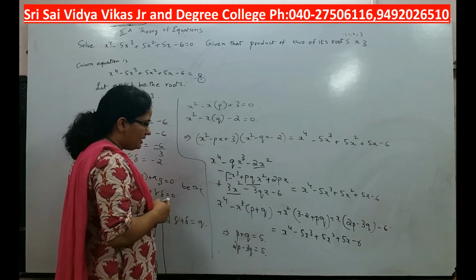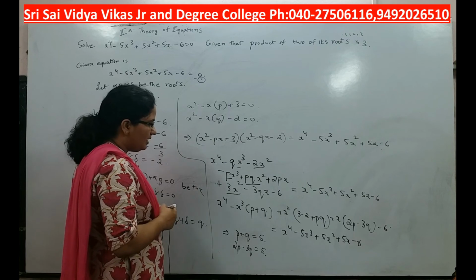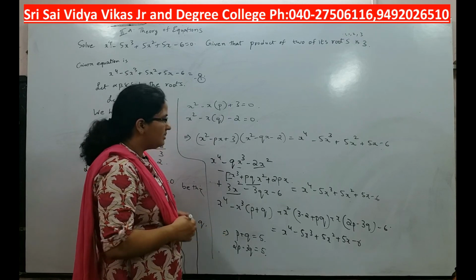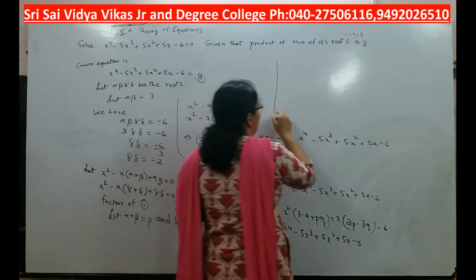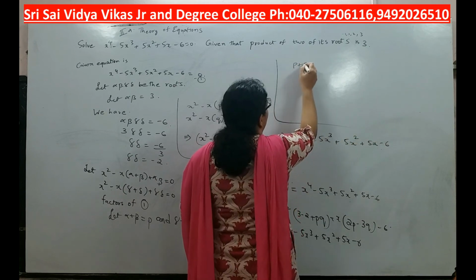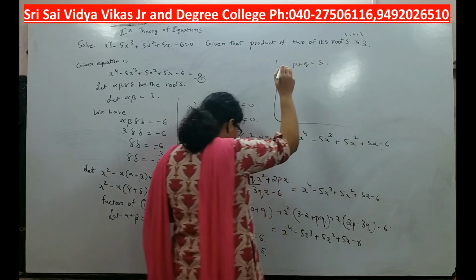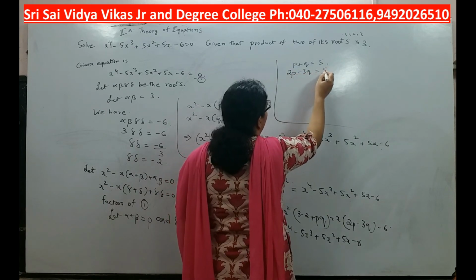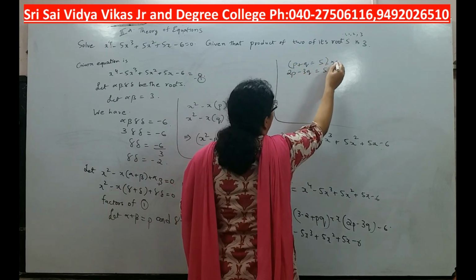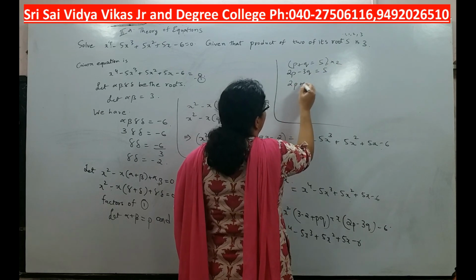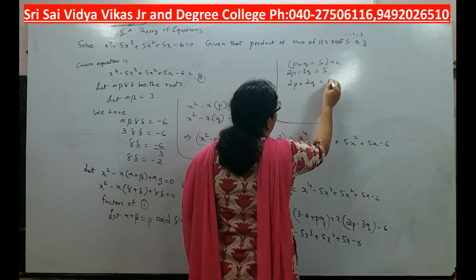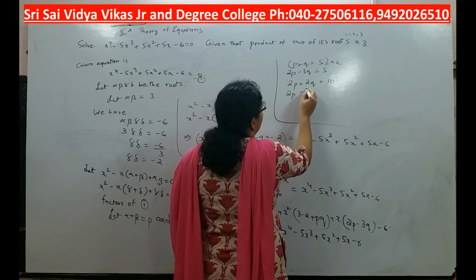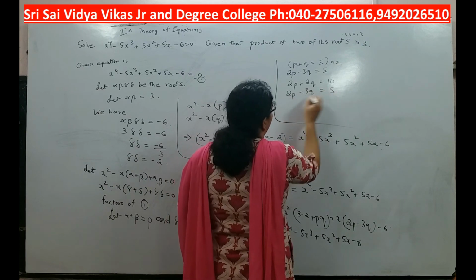We shall solve these two equations and see what we get. p plus q is equal to 5, 2p minus 3q is equal to 5. Multiply the first with 2, so you get 2p plus 2q is equal to 10. 2p minus 3q is equal to 5.